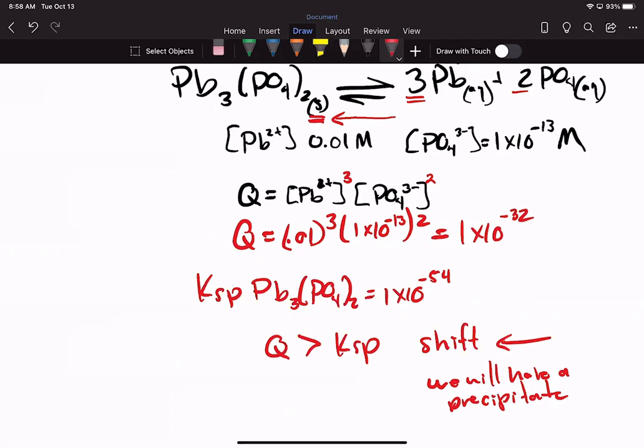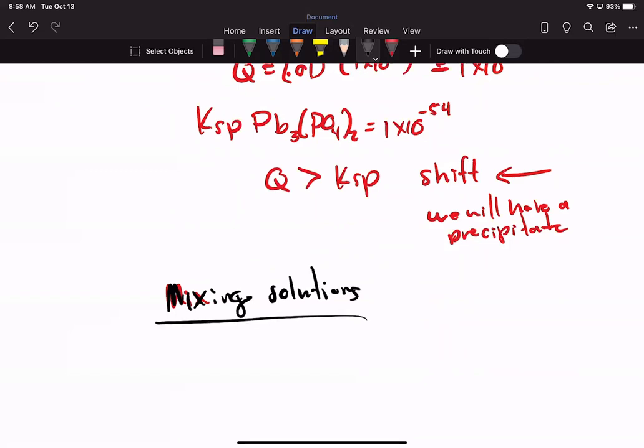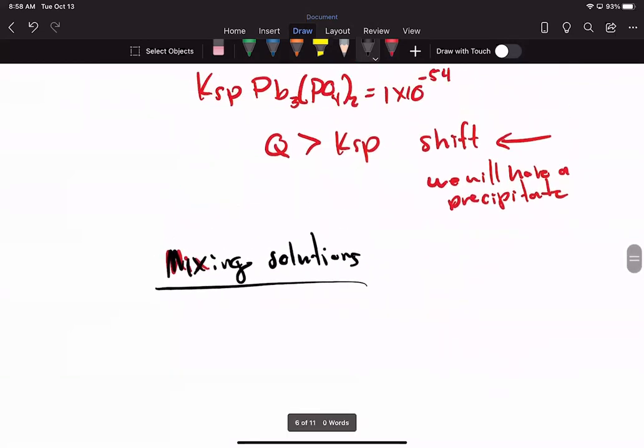So let's take a look at some other ones, when we mix solutions, because sometimes we do have to mix solutions. So when we're mixing solutions, let's pose a problem here.